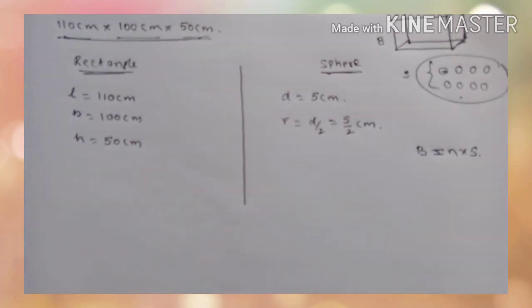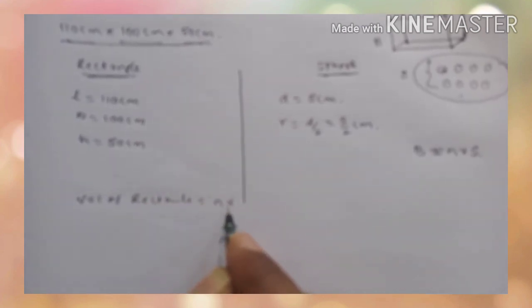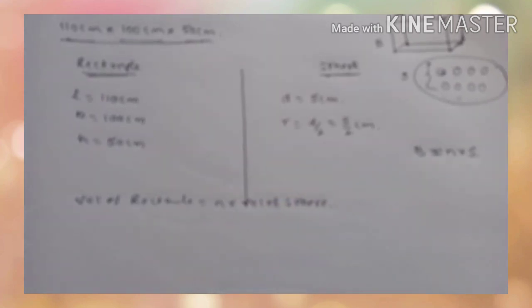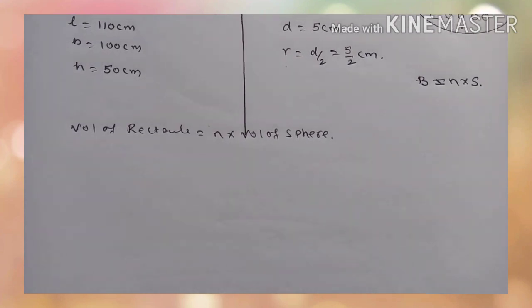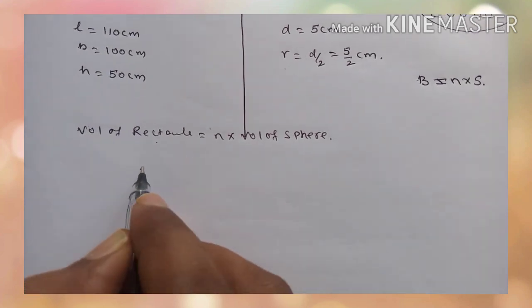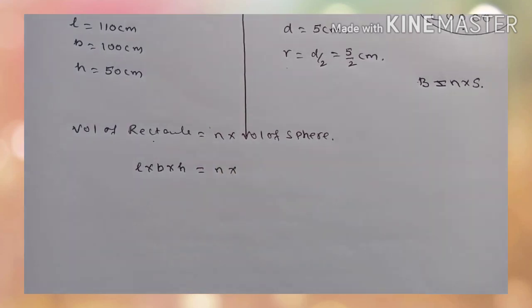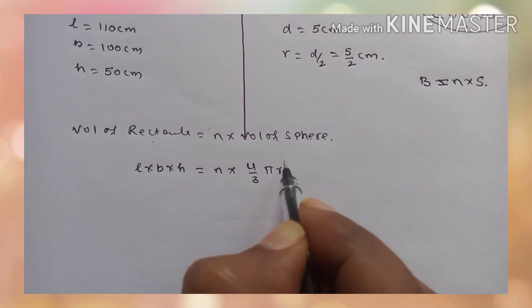So we can write the relation: volume of rectangle is equal to n into volume of the smaller object, which here is the sphere. Volume of rectangle formula is L into B into H is equal to n into volume of sphere. The volume of sphere formula is 4 by 3 pi r cube.